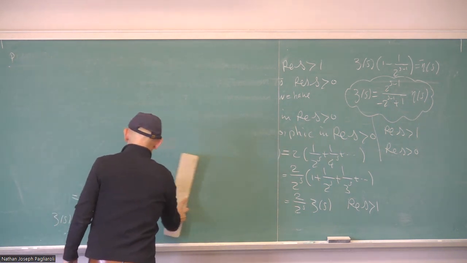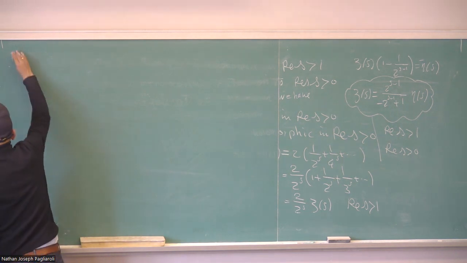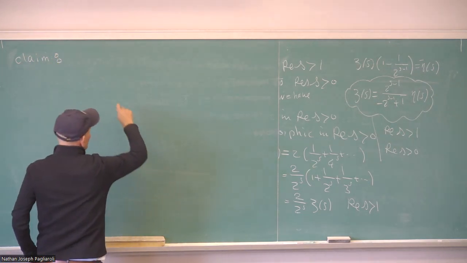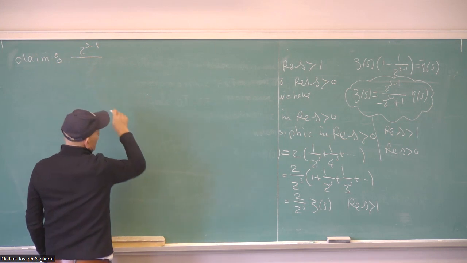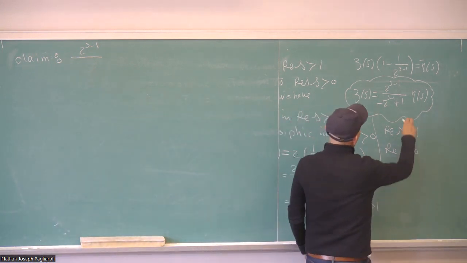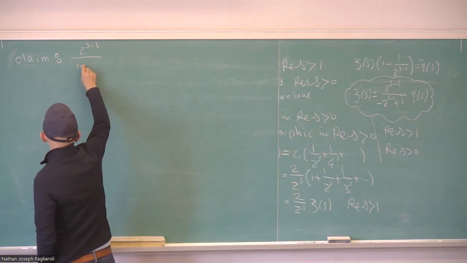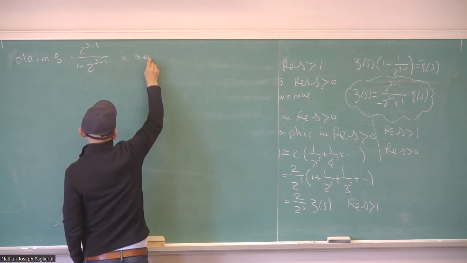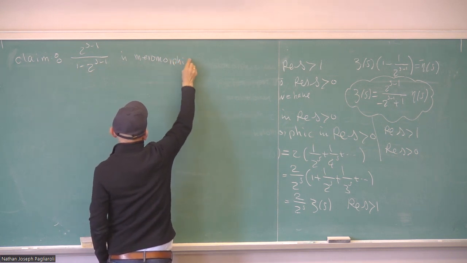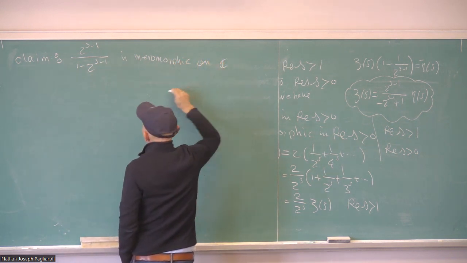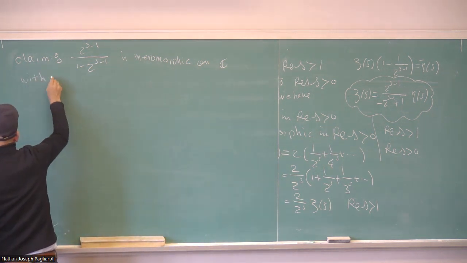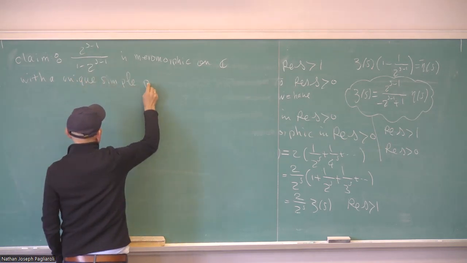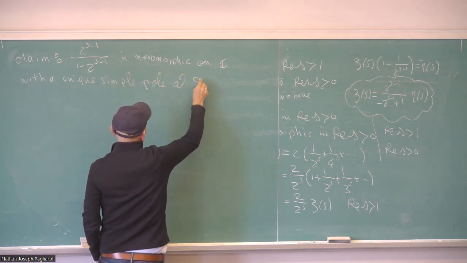Now the claim is that minus 1 over 1 minus 2 to the 1 minus s is meromorphic on C with unique simple pole at s equal to 1.